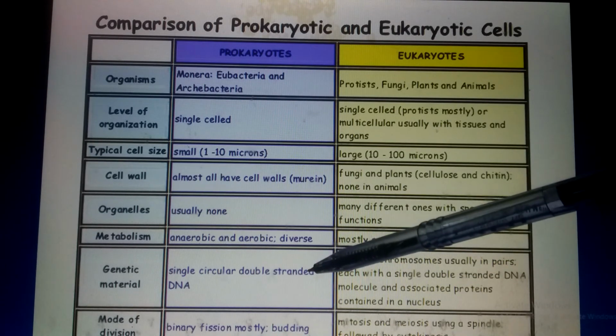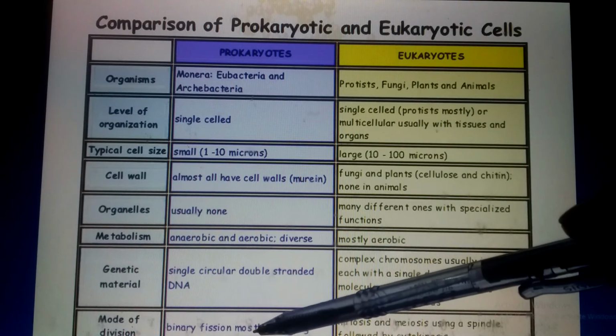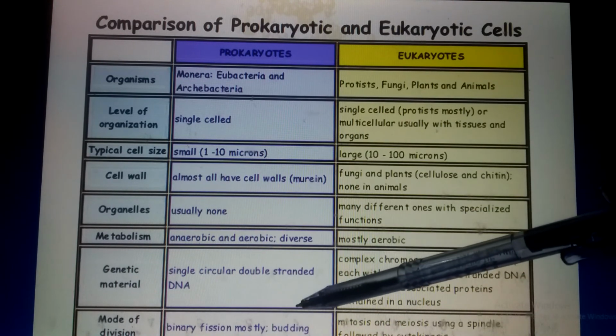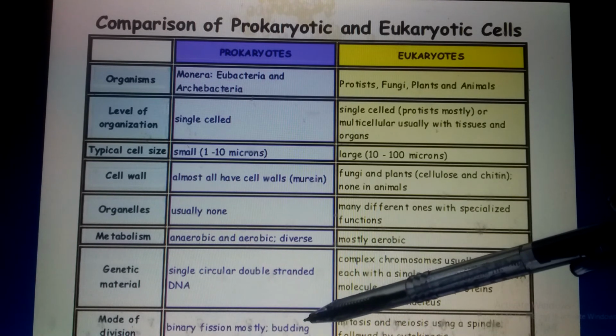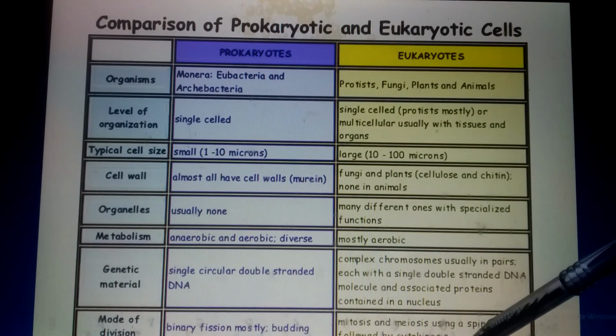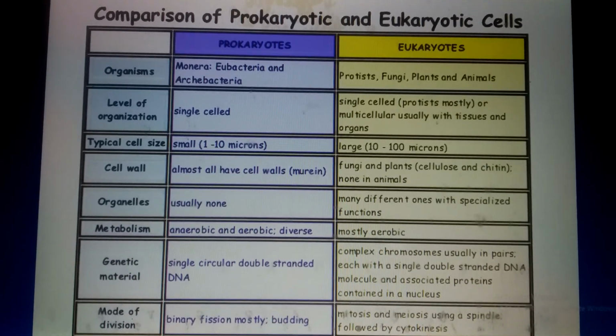Okay. Now the mode of division. Prokaryotes simply divide or increase their number by binary fission, and budding. Prokaryotes use budding and binary fission. But eukaryotes do mitosis.